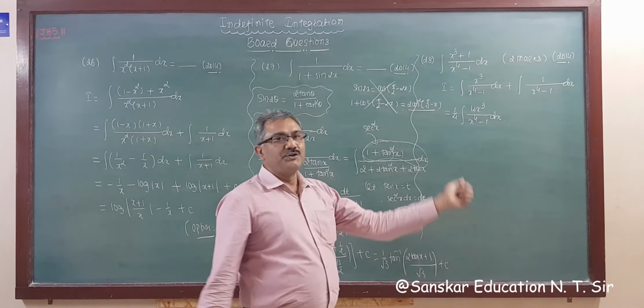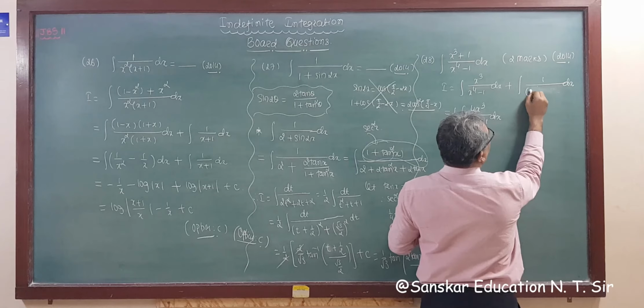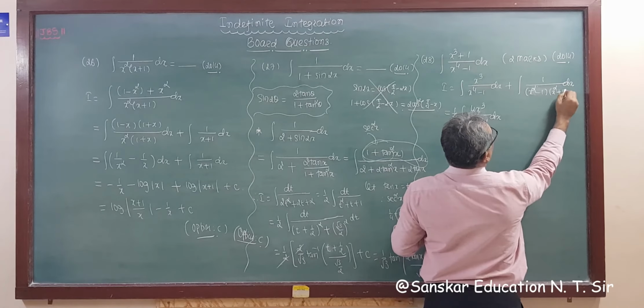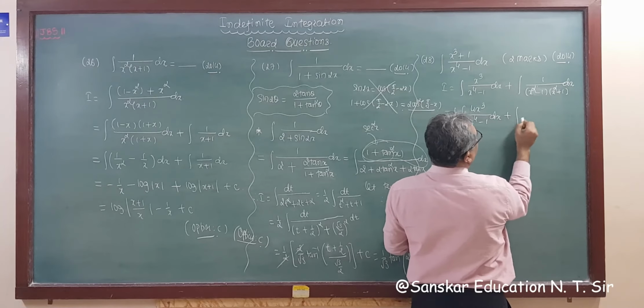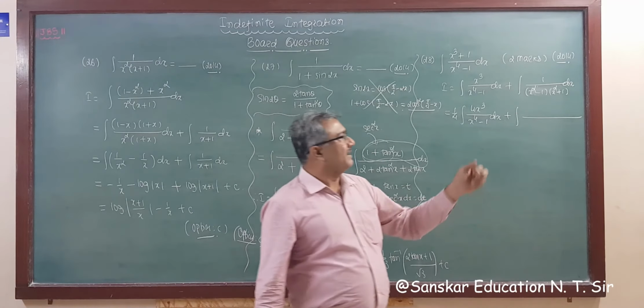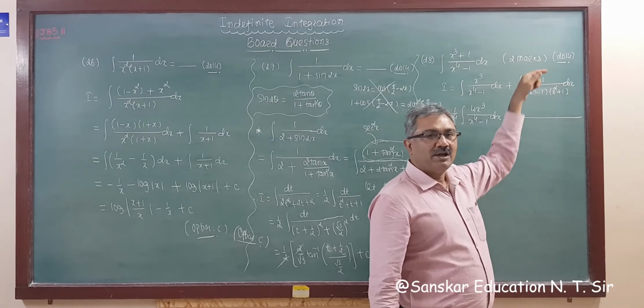Now if you want to reduce the steps, then factorize this. So the factors of this will be x square minus 1 and x square plus 1, that you know. Right? So plus integration. Now as I told you earlier, if there are consecutive factors, one plus and one minus, then adjust that factor in the numerator.